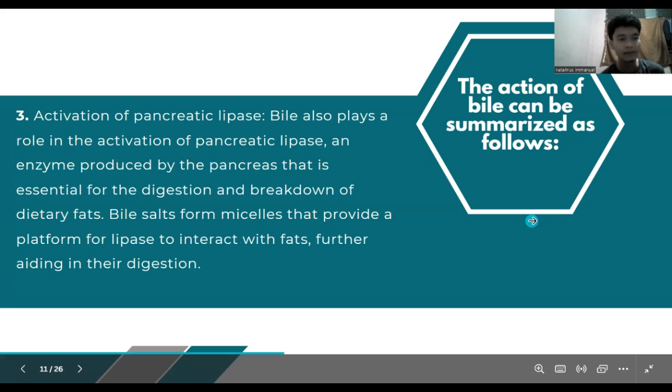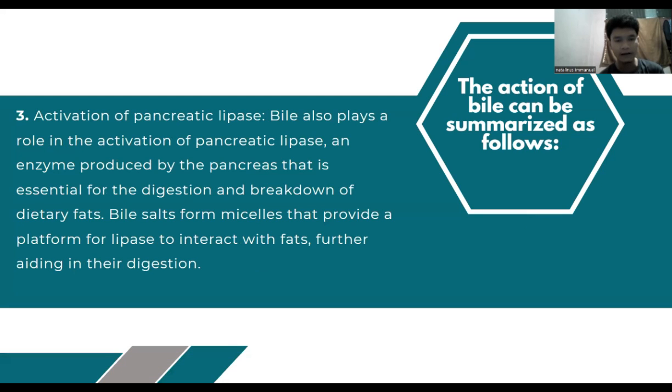The third is activation of pancreatic lipase. Bile also plays a role in the activation of pancreatic lipase, an enzyme produced by the pancreas that is essential for the digestion and breakdown of dietary fat. Bile salts form micelles that provide a platform for lipase to interact with fat, further aiding in their digestion.